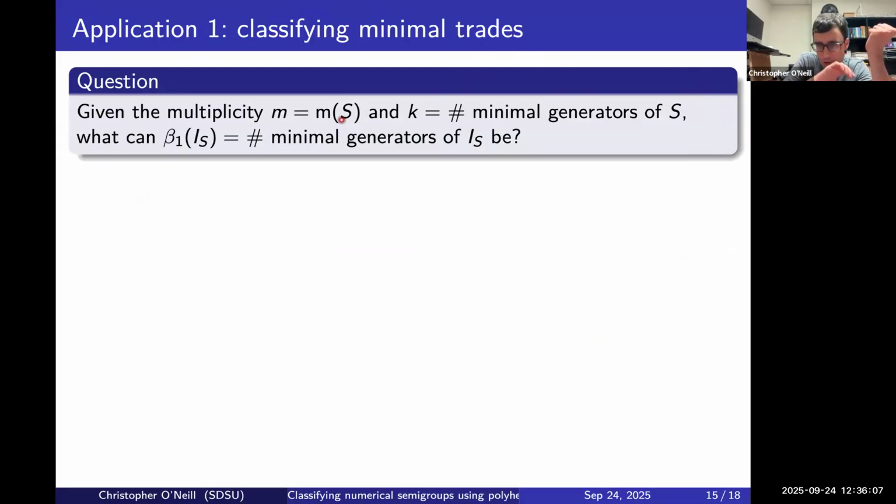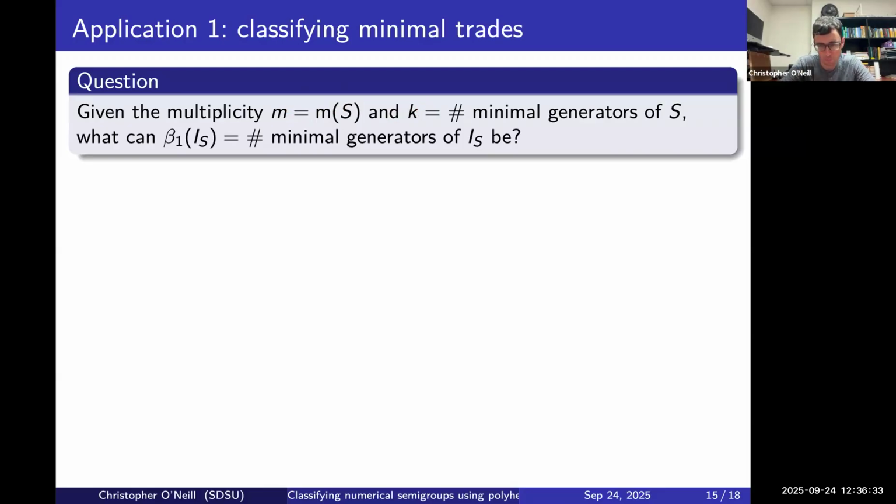Suppose you're told a given numerical semigroup has smallest generator m and exactly k minimal generators, and you want to know what are the possible numbers of minimal trades, so the number of minimal toric generators. Now, I'll mention real quick, if we didn't fix m, if all we fixed was k, the number of minimal generators, then this question has a known answer.